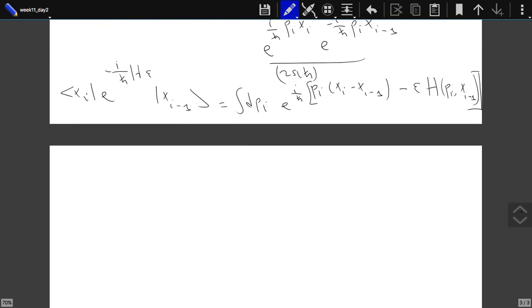Now let me define a function. Well, let's say two functions at this step. X of t is equal to xi, where t is equal to epsilon times i. And p of t is equal to pi when t is equal to epsilon times i.